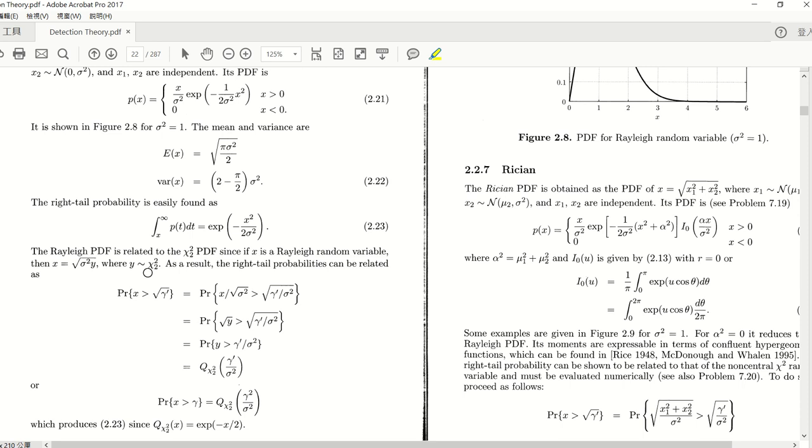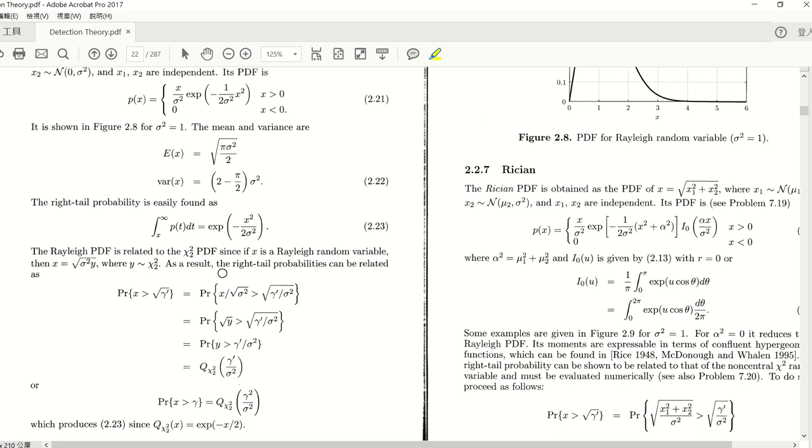What it means is that if x is a Rayleigh random variable and y is distributed this way, then they are related by this equation, and this can be proven. We are not doing it here, but it can be proven.